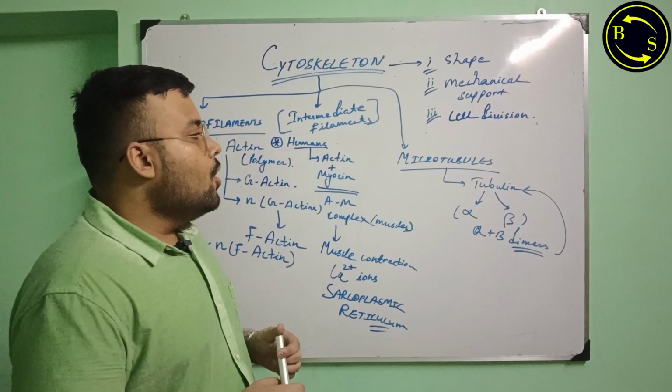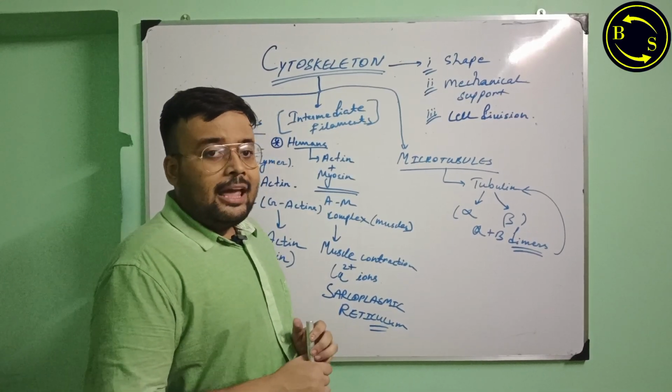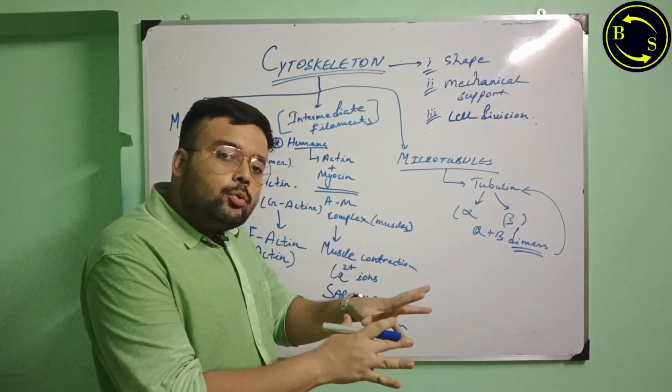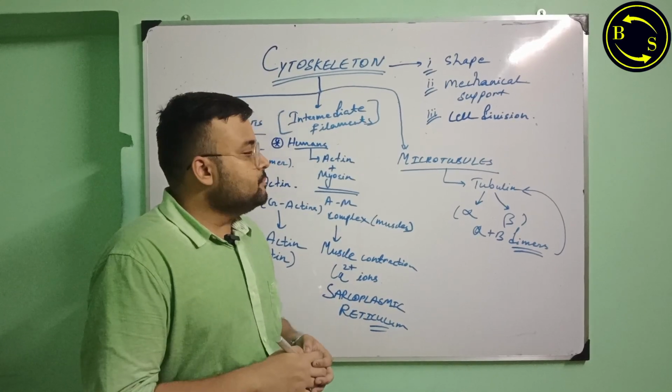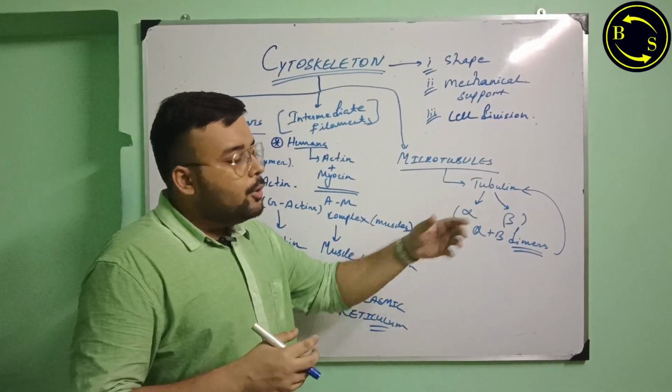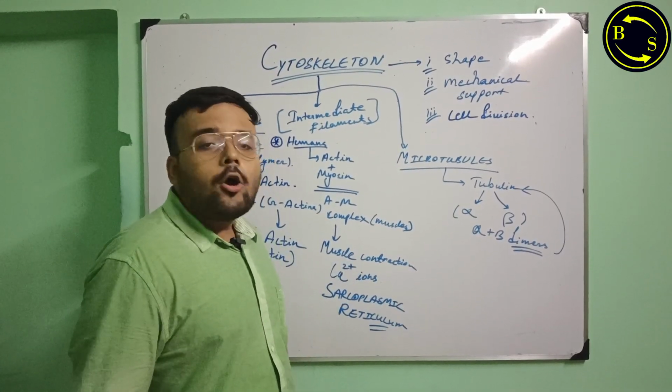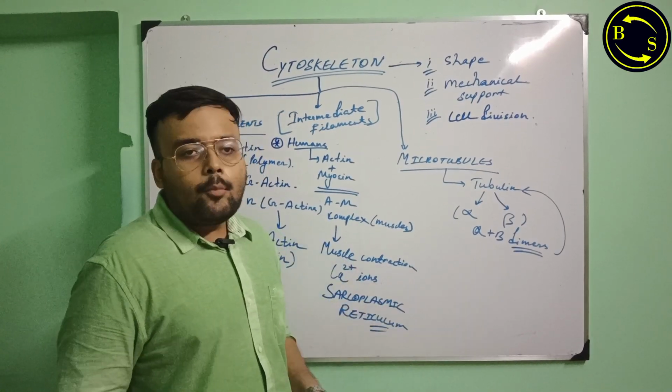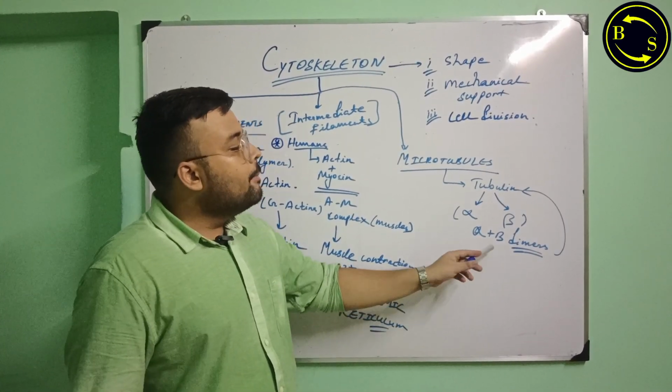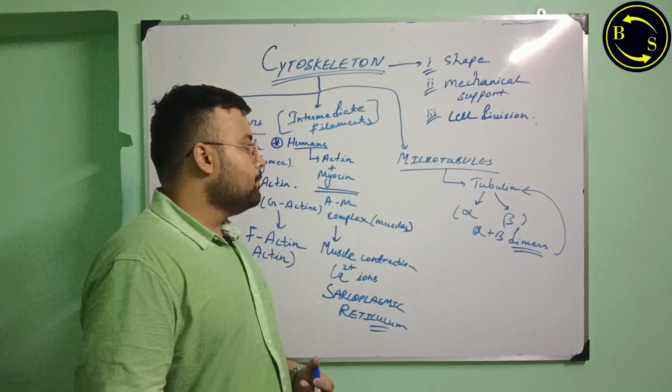For example, when the tubulin protein helps in the expansion of the pseudopodia in an amoeba, the length of the tubulin protein increases by incorporating more alpha and beta monomers and by rapid dimerization.